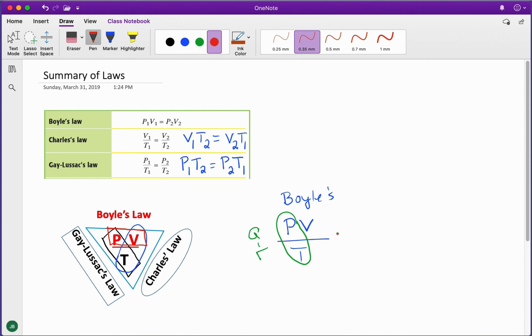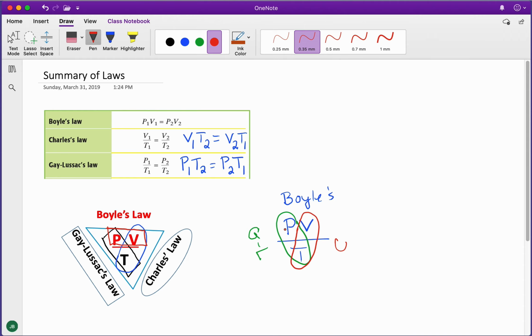And last but not least, we have Charles's law, and Charles is volume and temperature. For Gay-Lussac's law and for Charles's law, we have a direct relationship. Boyle's law has an inverse relationship.